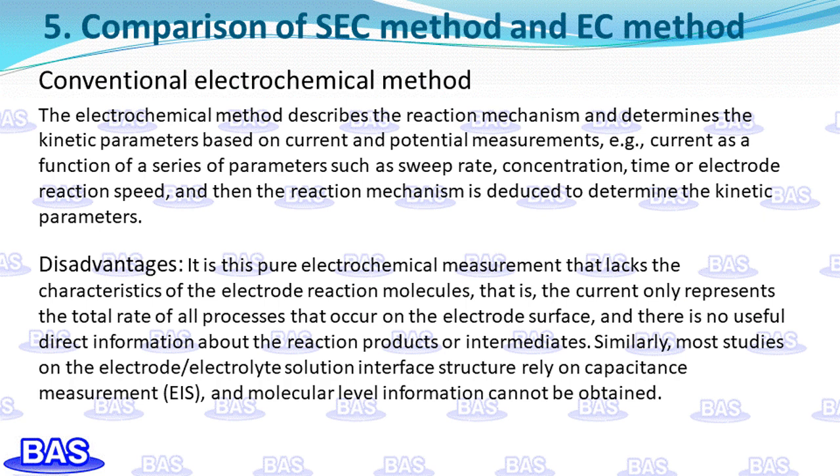Disadvantages: this pure electrochemical measurement lacks the characteristics of the electrode reaction molecules, that is, the current only represents the total rate of all processes that occur on the electrode surface, and there is no useful direct information about the reaction products or intermediates. Similarly, most studies on the electrode-electrolyte solution interface structure rely on capacitance measurement, and molecular level information cannot be obtained.